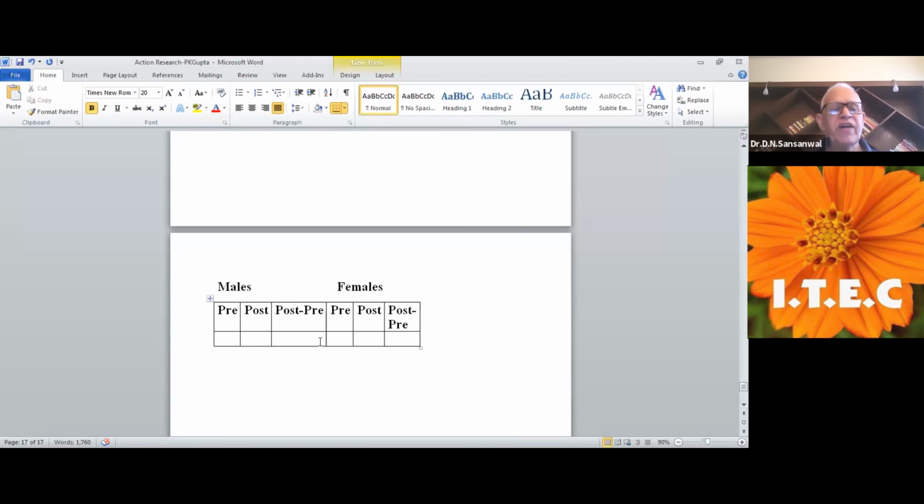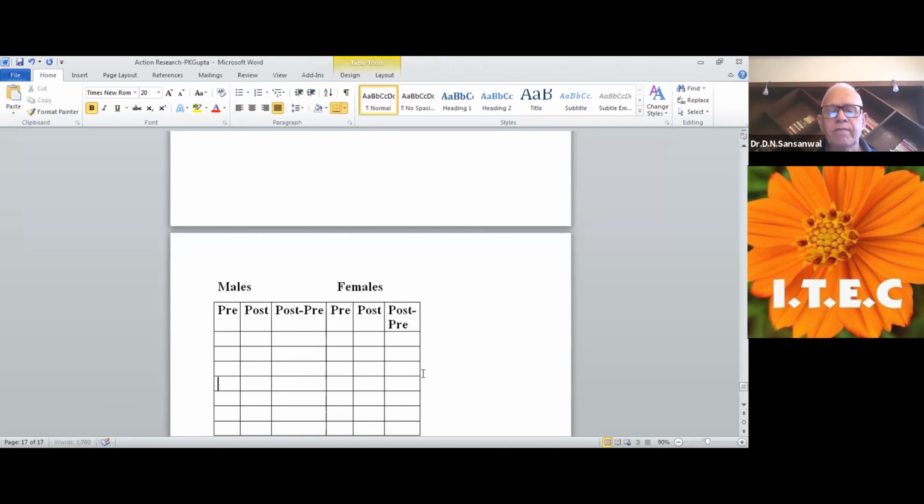So I can find out that if pre is, let us say, 10 and post is 25.